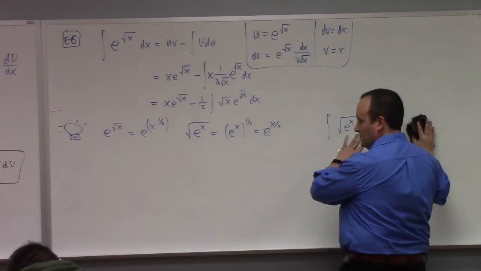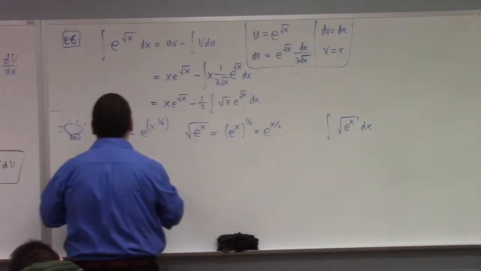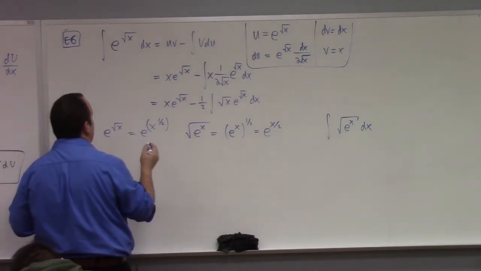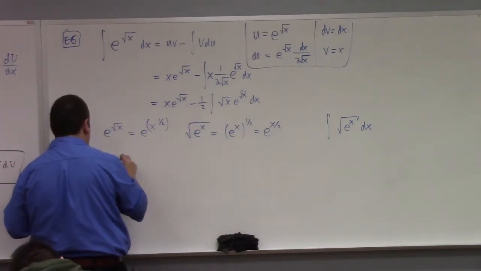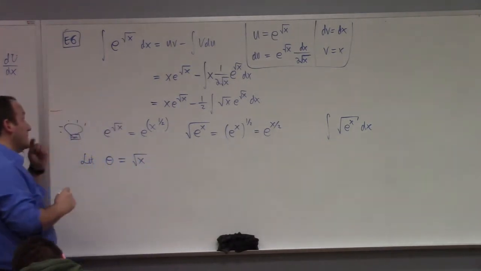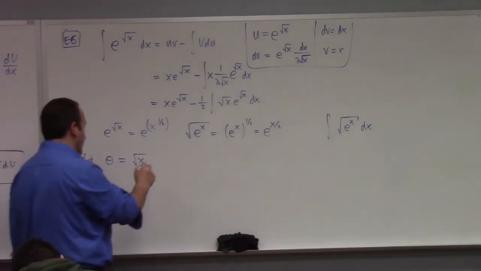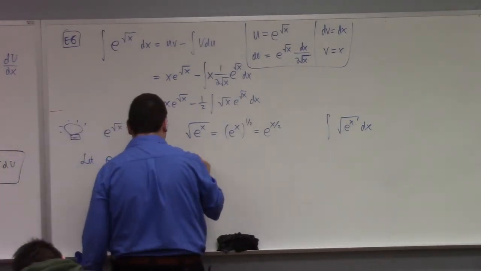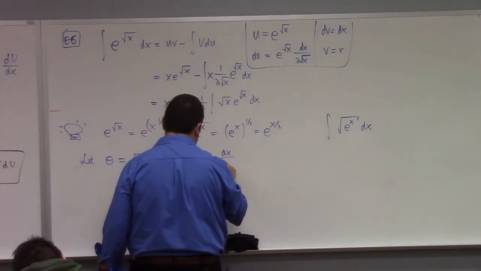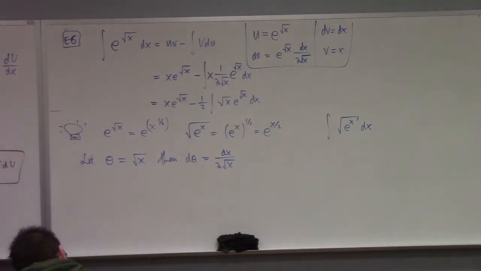So let me erase. How about this? What if we let, what do you guys want, I'm going to use a theta. Let theta equal the square root of x. If I do that, what's d theta equal to? It's going to be dx over 2 root x, right?